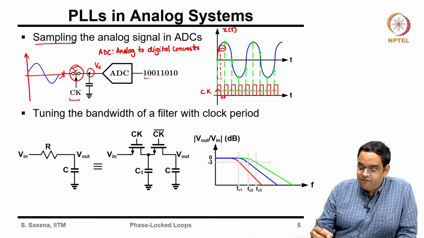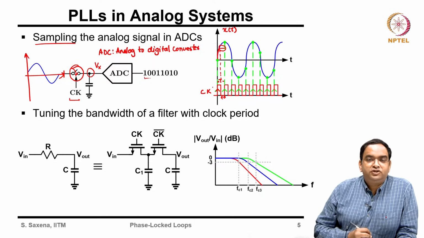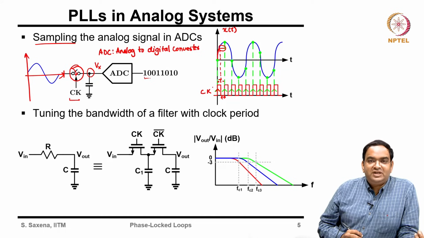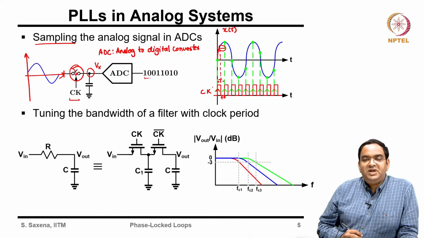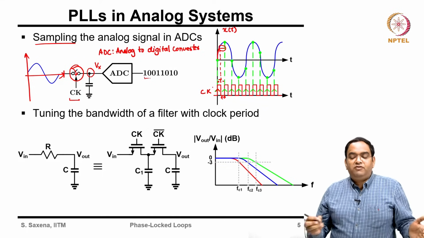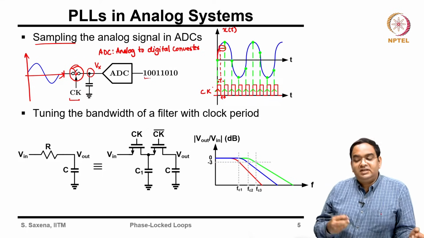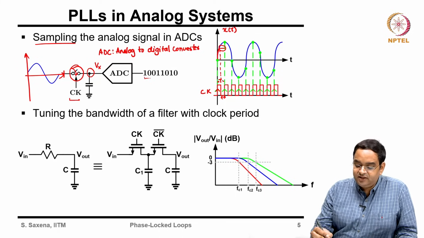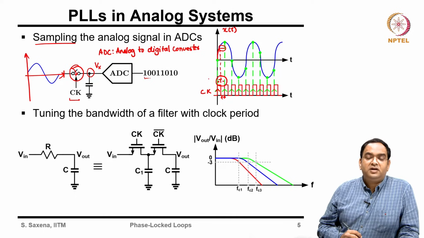So, here every time period t, I sample the signal. Technically, the signal which you are sampling, the sampling rate should be twice the bandwidth of the signal. If the bandwidth of your signal increases, the sampling rate will also increase, and if the sampling rate increases, it means your time period t will come down.